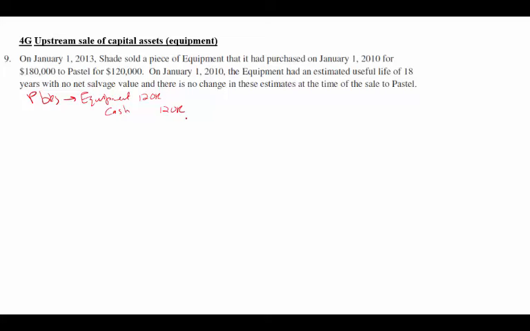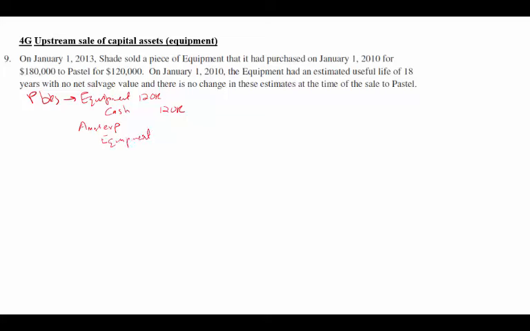Parent would have also recorded amortization for each year. So we'll just look at 1 year of that amortization. We would have had an amortization expense, and we would be crediting accumulated amortization, but because we're looking only at reporting, we're going to actually credit the equipment.